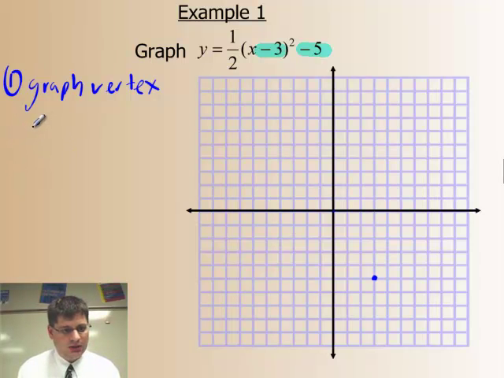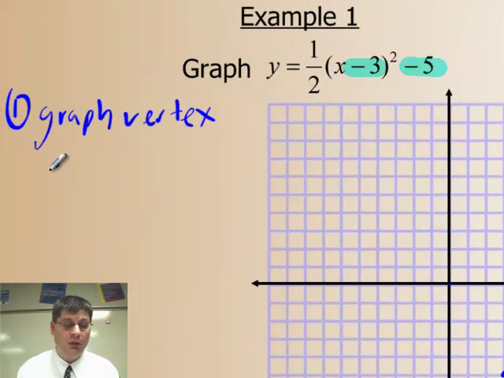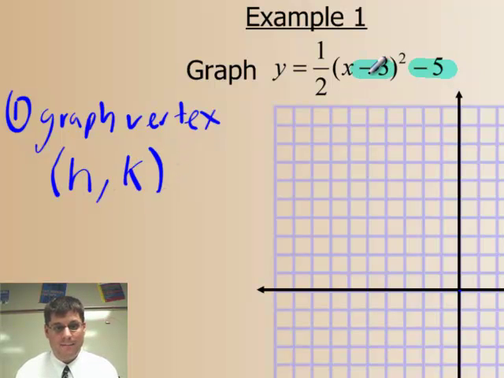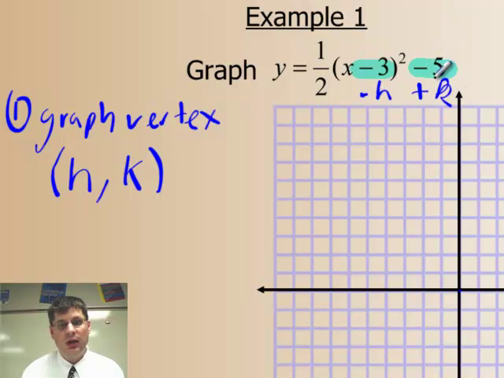I do want to point out that the coordinates of the vertex are always going to be h, k. Remember, this is minus h, so we're just looking at h. The sign hasn't changed. This one is plus k, so the sign changed from a plus to a minus.